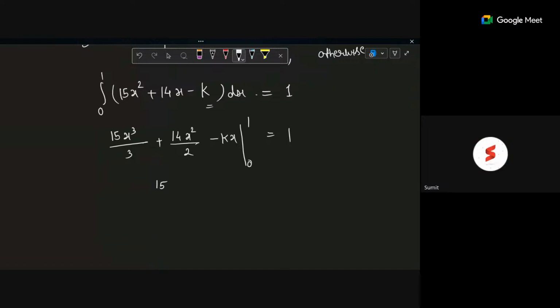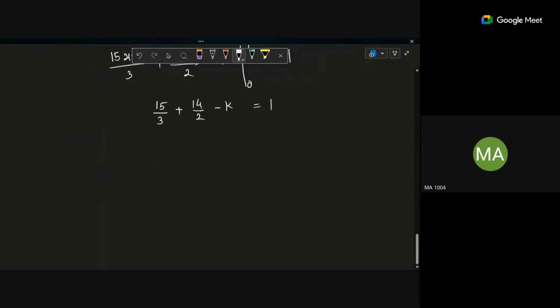Once you put 1 here, it's giving 15 by 3 plus 14 by 2 minus k, and the rest of the part will be 0 once you put 0. Equal to 1. So k is equal to 15 by 3 plus 14 by 2 minus 1.